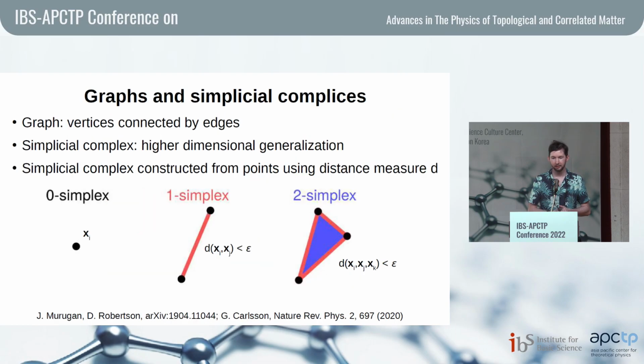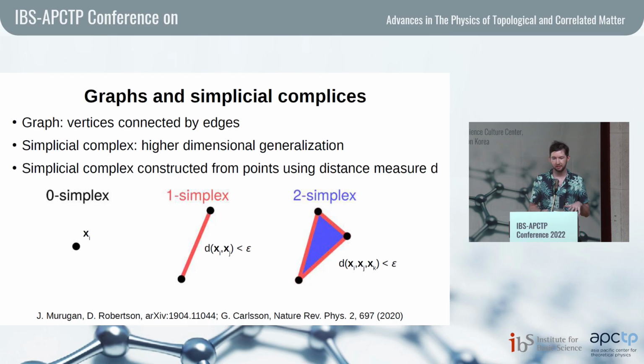Okay, so then the basic ingredient we need is how do we construct a graph from our point cloud. So the simplest way is if we consider our data points as vertices of our graph, then we can connect any pair of points which are sufficiently close together, as quantified by some suitable distance measure, by an edge, like so. So doing so, we can convert our point cloud to some graph.